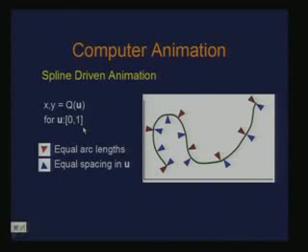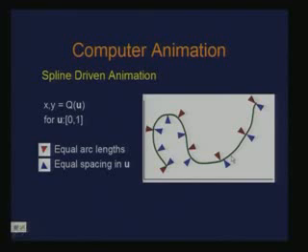Now if we want to generate the movement along this curve with a uniform speed, what we really want is that for a given time interval, the distance which is traversed along this curve is the same, right?